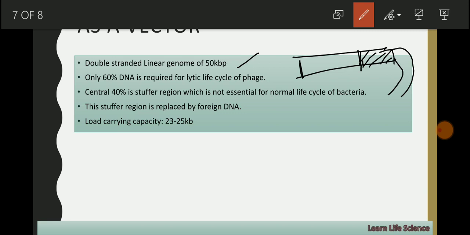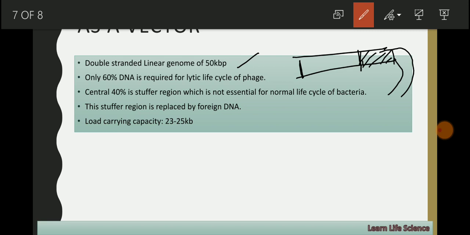These regions are not involved in any essential normal life cycle process of the bacteria. So we can target the stuffer region and replace it with our desired foreign gene to be expressed. This is the use of lambda bacteriophage as a vector.